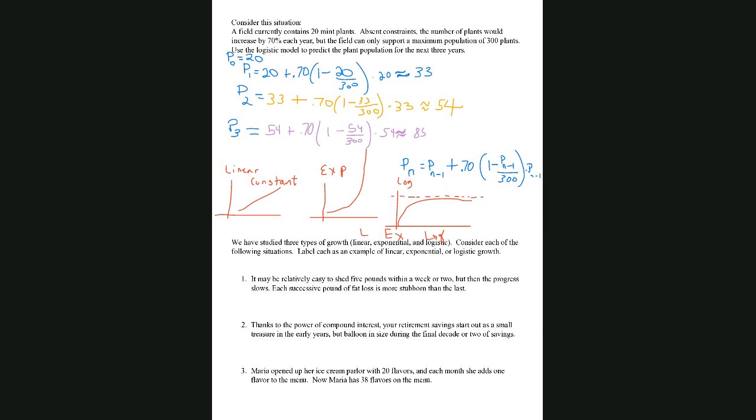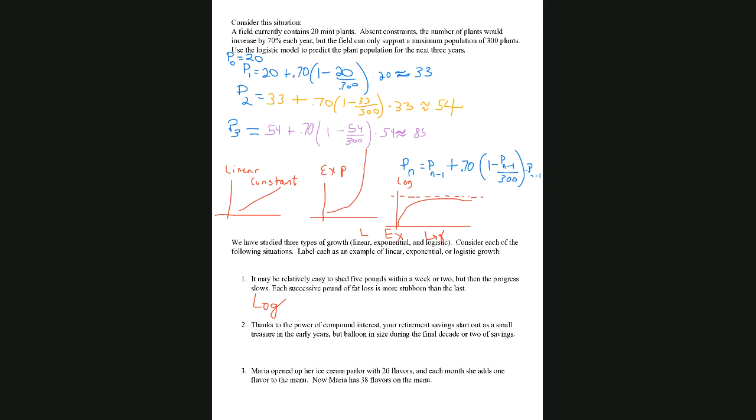Yeah, I think this is logistic growth. And the reason why it's logistic growth is because you're losing pounds quickly at first. Maybe it's relatively easy to shed 5 pounds within a week or two, but then as you get to the third week or the fourth week or the fifth week, maintaining that constant rate of weight loss is a little harder.